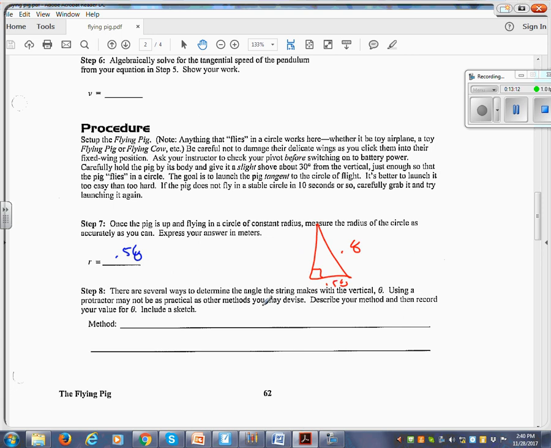So theta equals inverse sine of 0.58 over 0.8 to get our angle. Second function sine, 0.58 divided by 0.8, and you get 46.4 degrees.